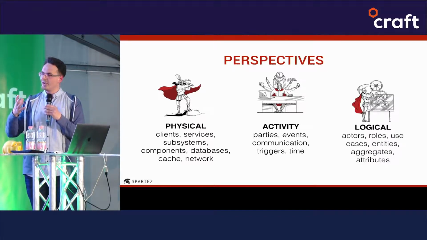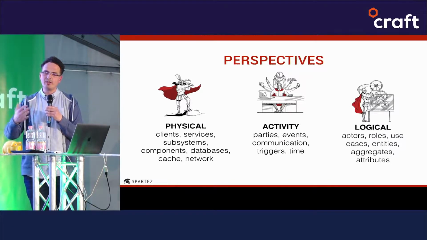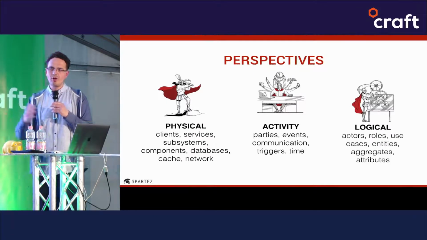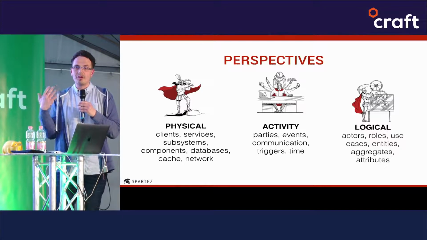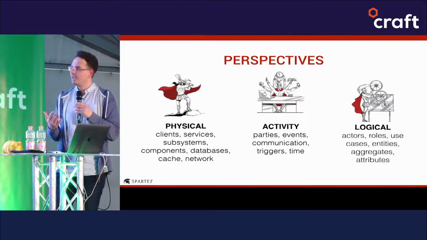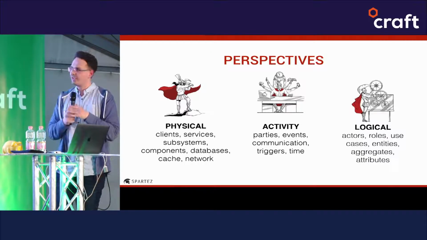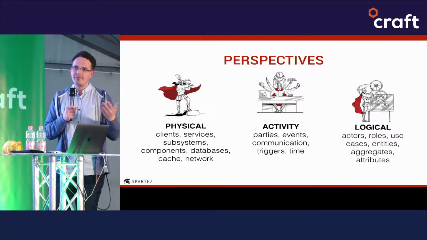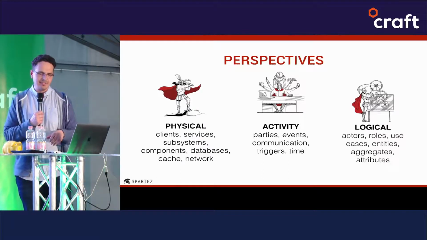And you can look at the feature from a time perspective, like what kind of communication is going on, who is exchanging messages, what triggers this communication, what is really required for a feature to be done. For instance, what is the critical path communication, what is something that can be deferred to a later stage, etc. And this is an activity perspective.